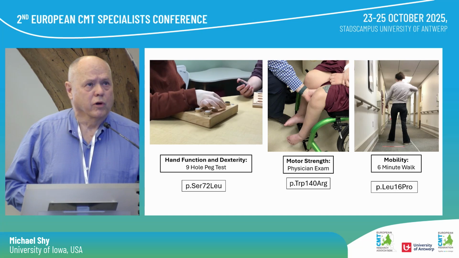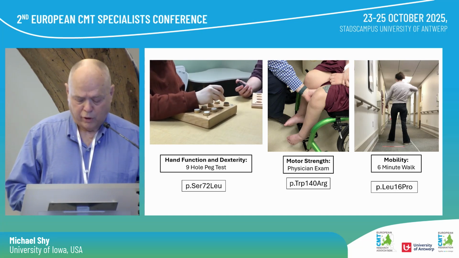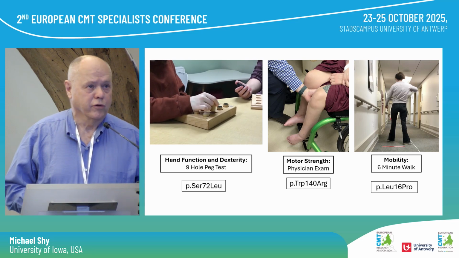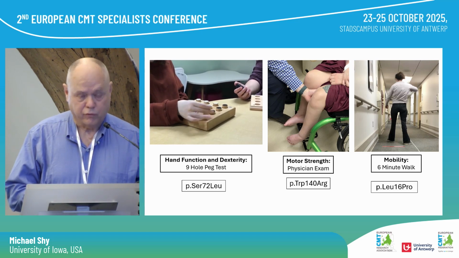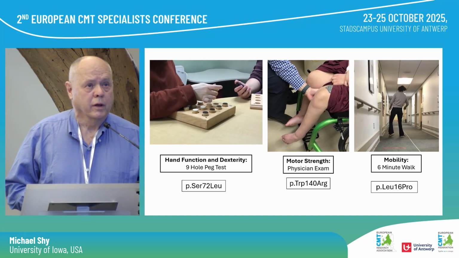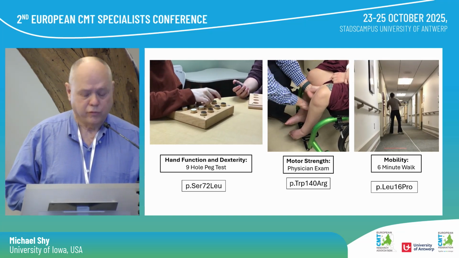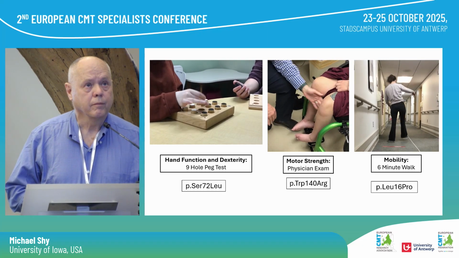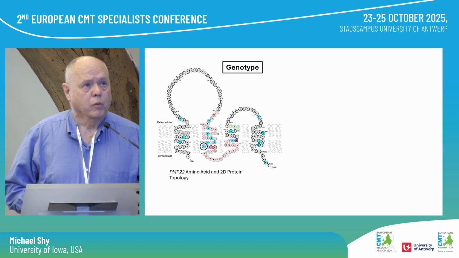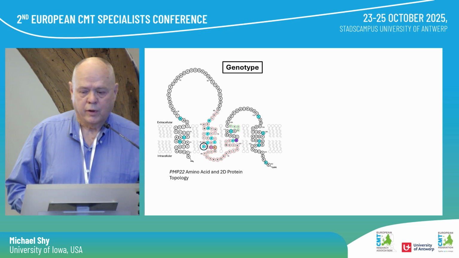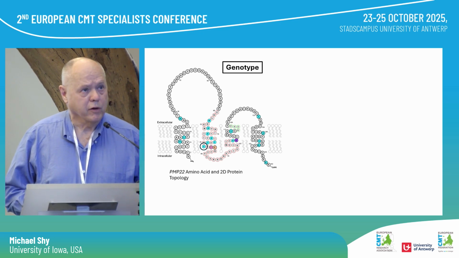And this is really just to show that a lot of these patients had significant pathology at a young age. These are just some of the standard ways we look at patients, which I think many of you are familiar with. And again, the different mutations here you can see on the bottom, and these are all in the transmembrane domains. So we wanted to start by just looking at how these different variants progress in our patients.